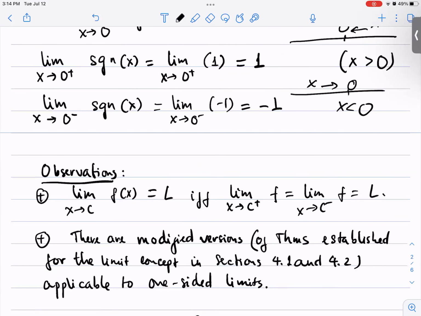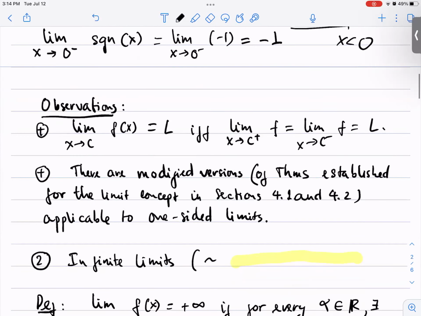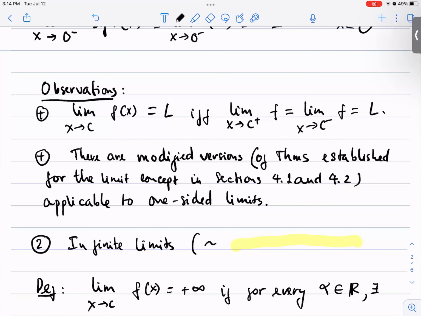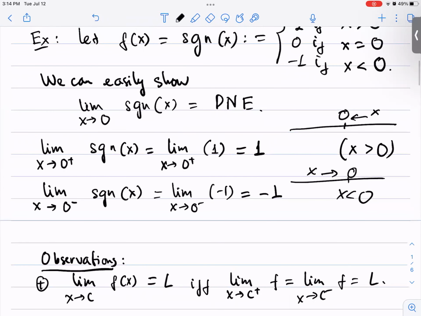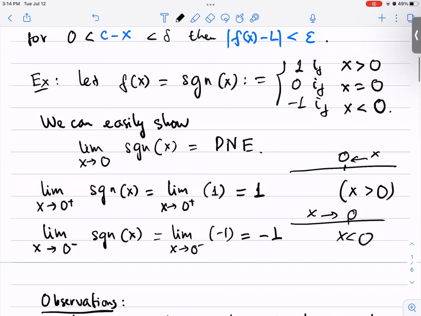And here some observation. The general limit of the function f of x equal to L if and only if one-sided limits of this function agree and also equal to L. And we can see exactly why the general limit for the sign function here doesn't exist. The explanation is that one-sided limits of this function do not agree with each other.